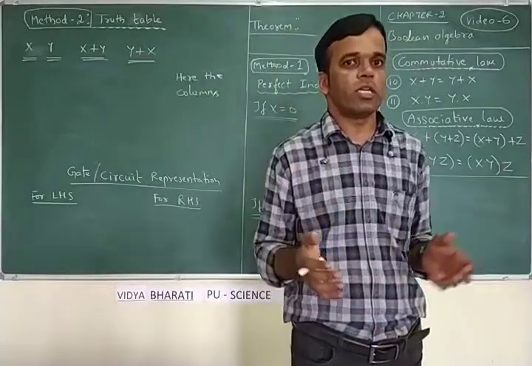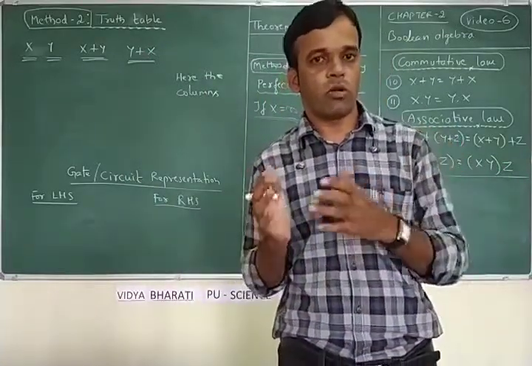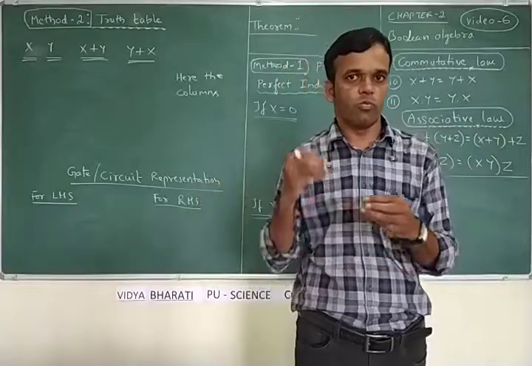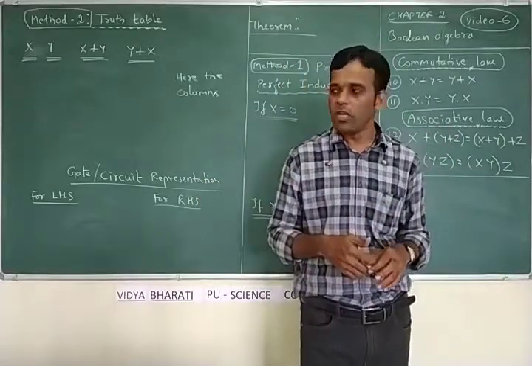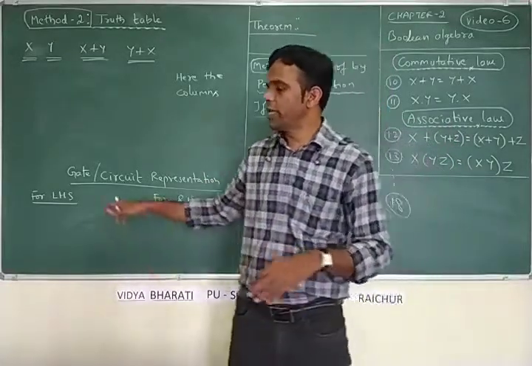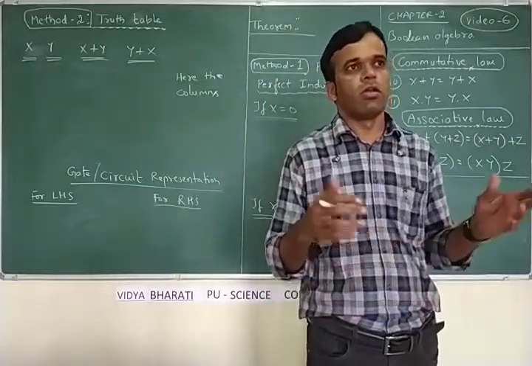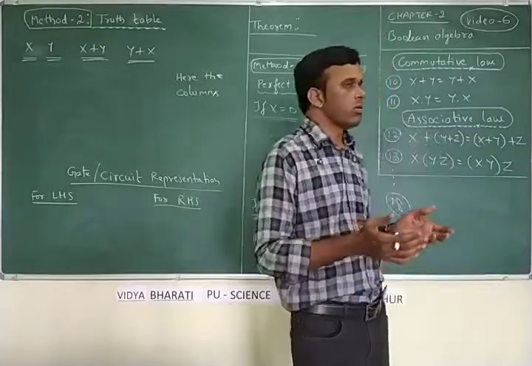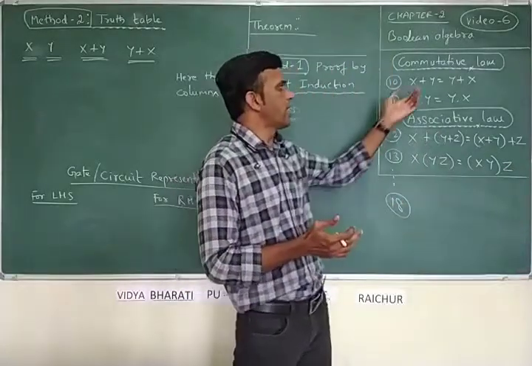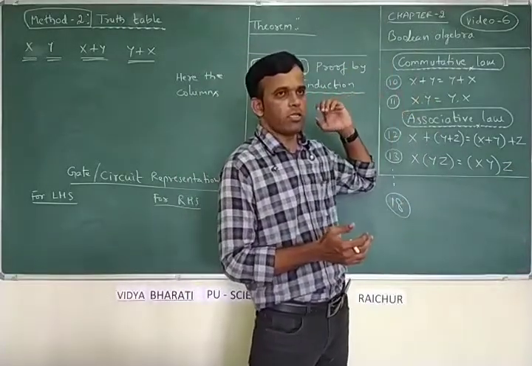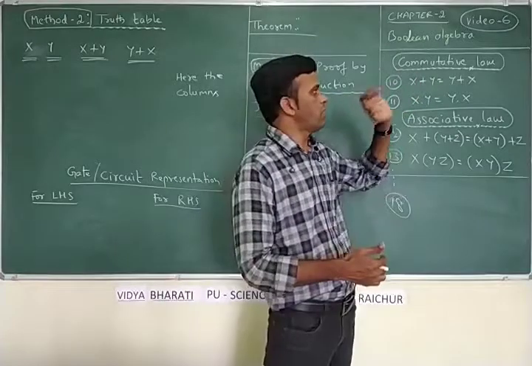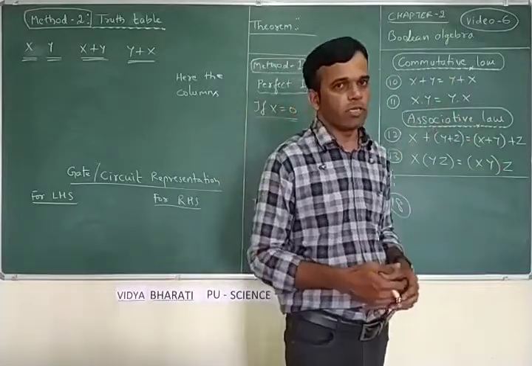Whichever method we take to prove the given theorem, finally we will see the gate representation or the circuit diagram for the theorem. So it involves the diagram for the LHS part and the circuit construction for the RHS part.